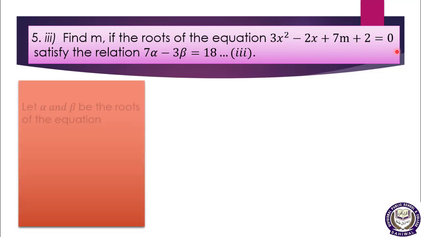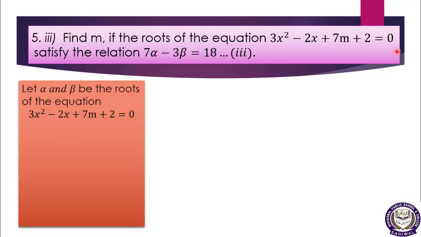So, let alpha and beta be the roots of the equation given. Then, the sum of the roots alpha plus beta should be equal to minus b over a, putting the value of b, that is the coefficient of x, minus 2, and the value of a, that is the coefficient of the quadratic term, that is 3.